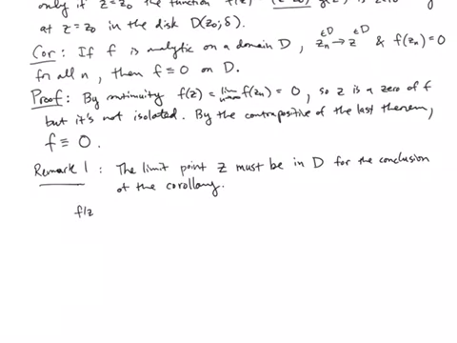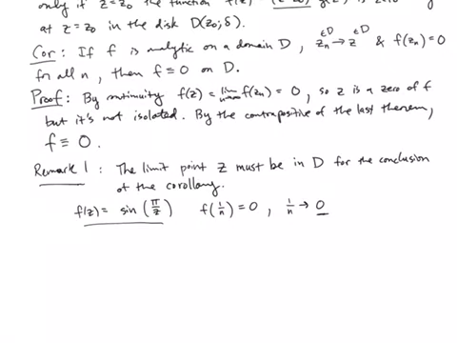So one example to see this is to think about sine of pi over z. In this case, f is equal to 0 at all 1 over n, right? Because that gives you sine of n pi, and 1 over n approaches 0. So you have all these zeros which are limiting to the point 0, but your function is not defined at this limit point 0. That 0 is outside of the domain. So we don't get any contradiction from the fact that this function is not identically 0.